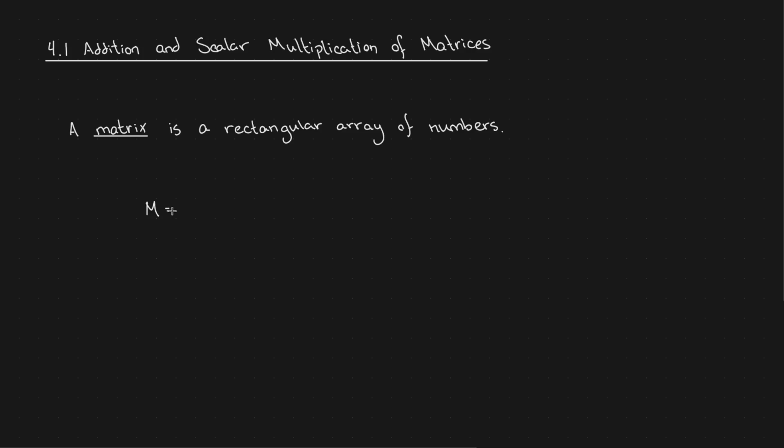So for example, matrix M might be 1, 3, 4, 2, 0, -1, 0, 5, 4, 9, -3, 8. Okay, so matrix M is a matrix. It is a rectangular array of numbers. It has rows, it has columns. By the way, the plural of matrix is matrices. Okay?